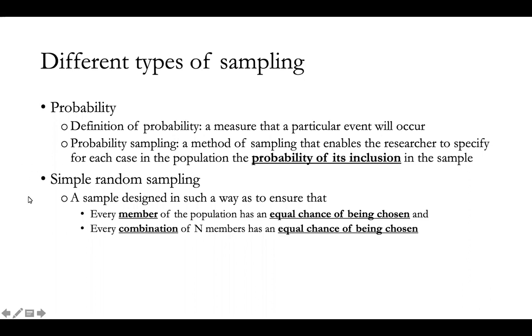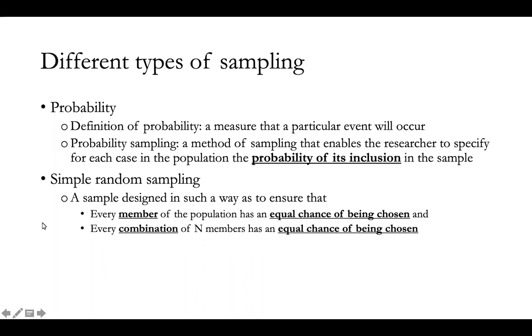One way to ensure that our sample is indicative of what we would find in the general population is to use simple random sampling. And here, if we have a sample, we would design it in such a way to ensure that every member of the population has an equal chance of being chosen. And every combination of n number of members has an equal chance of being chosen.